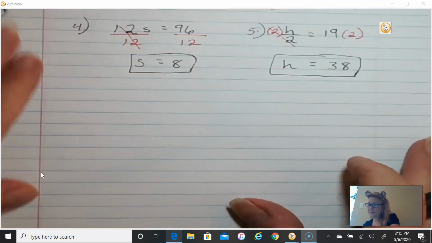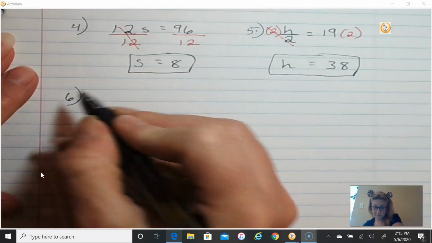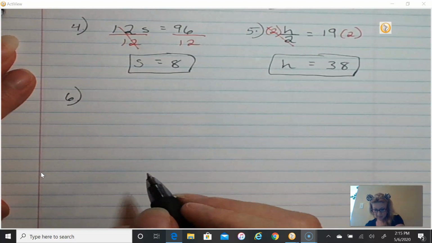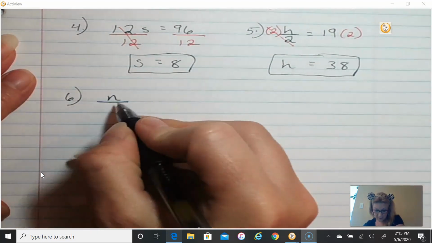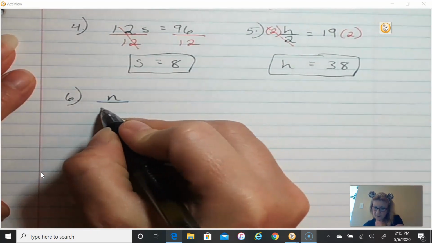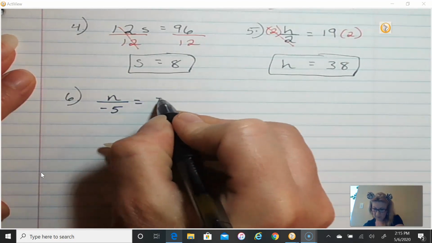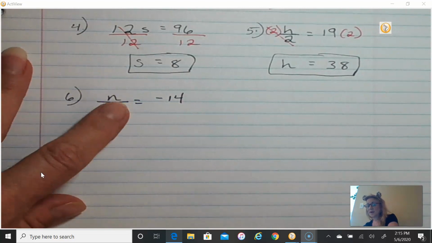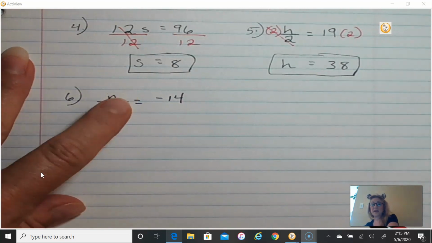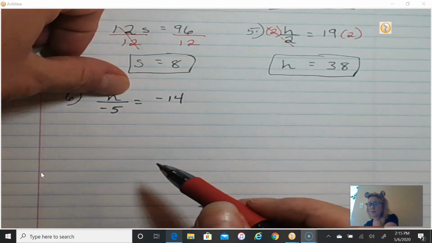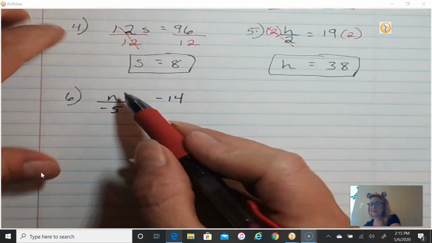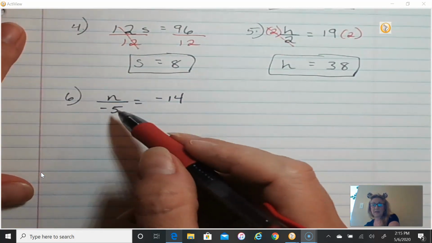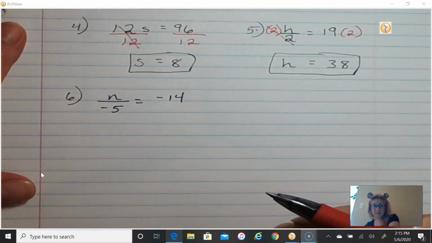Let's do some more. Let's see. N divided by -5 equals -14. Okay, we've got to isolate the variable. We've got to get rid of the -5. Since they're dividing, the opposite is multiplication.